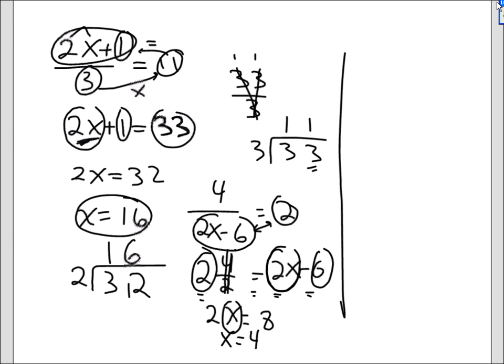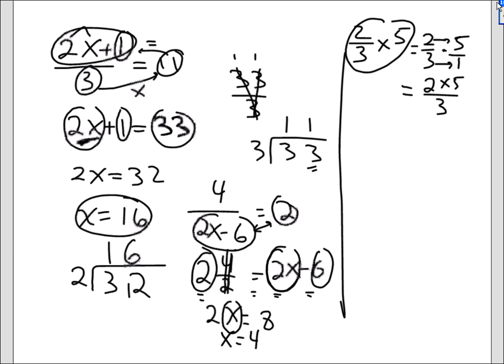Now, if you have, say, 2/3 times 5, well, this really means 2/3 times 5 over 1. So you multiply 2 times 5, and 3 times 1 is just 3. How do you go from here straight to here? You just multiply the 2 by the 5. The bottom stays the same.